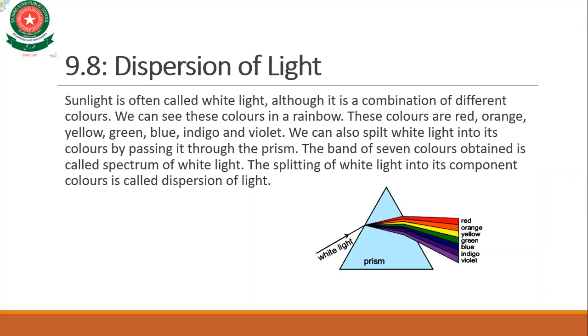These colors are red, orange, yellow, green, blue, indigo, and violet. These are the colors which combine and make white light, or you can say that whenever white light splits, we can see these seven colors.